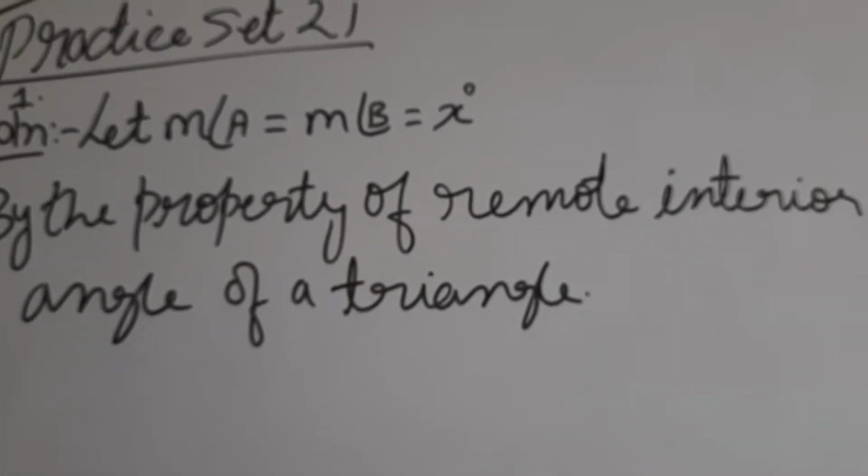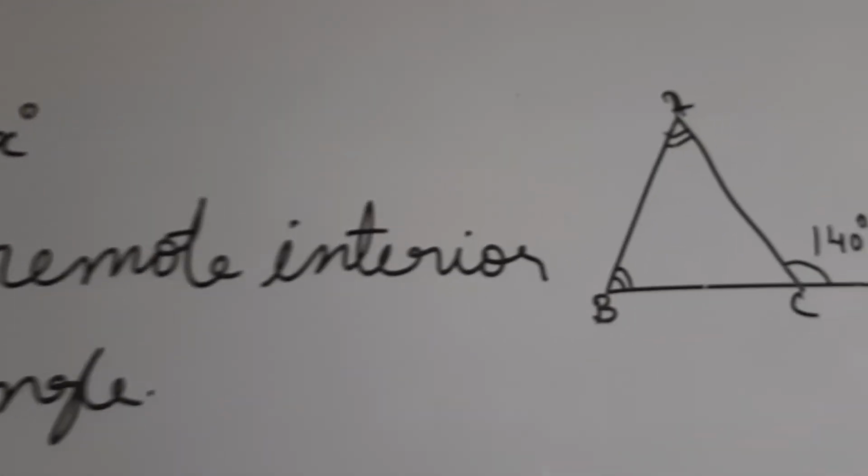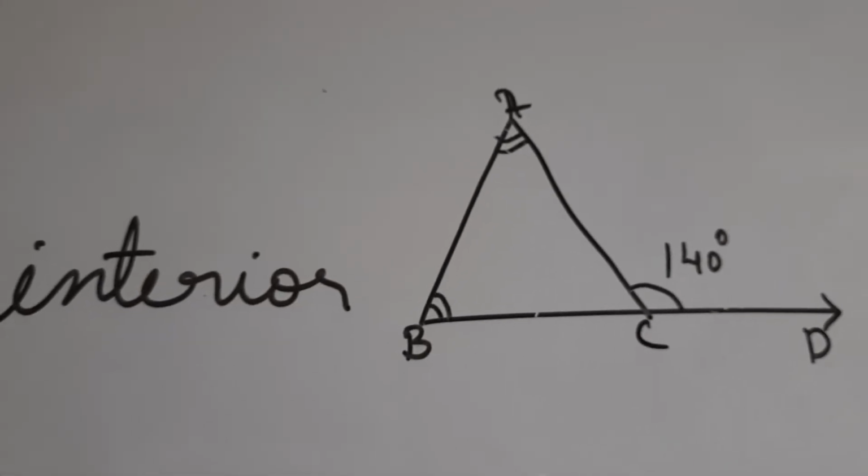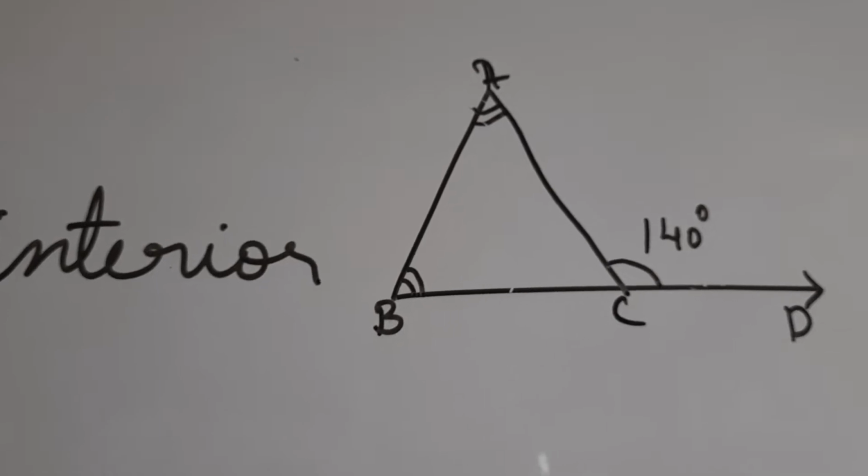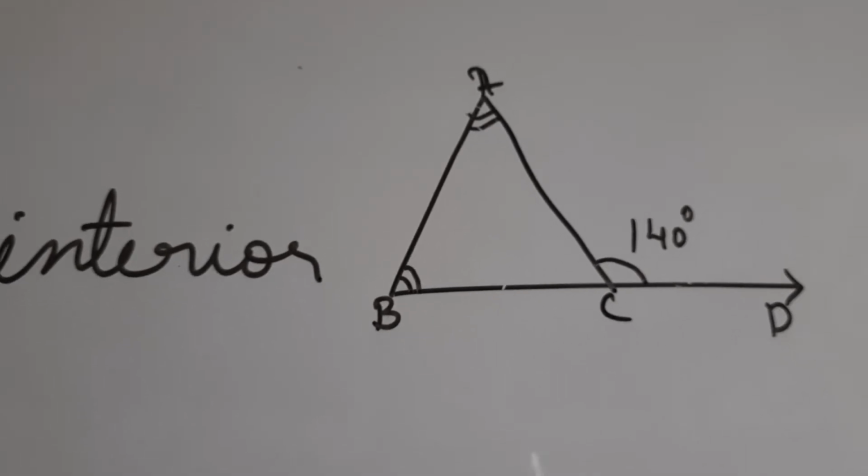By using this property, we will get measure angle ACD is equal to measure angle A plus measure angle B. So let us solve it, children.